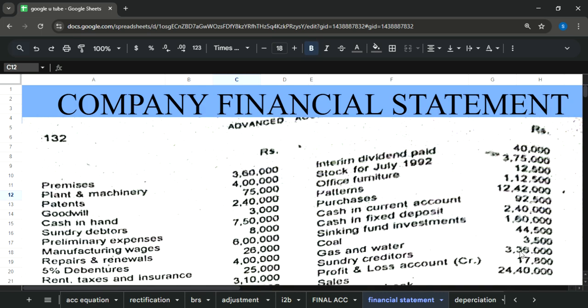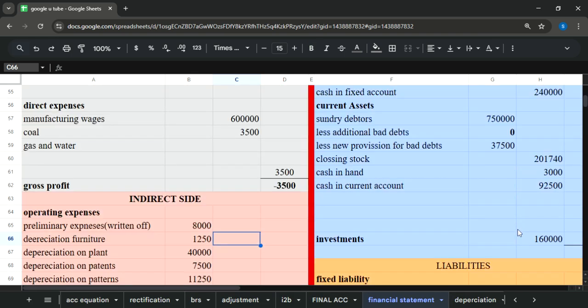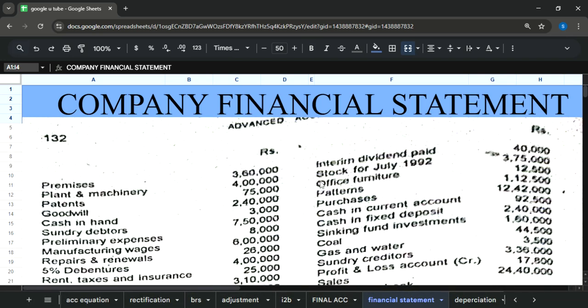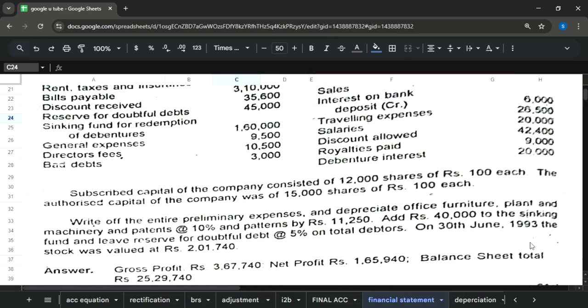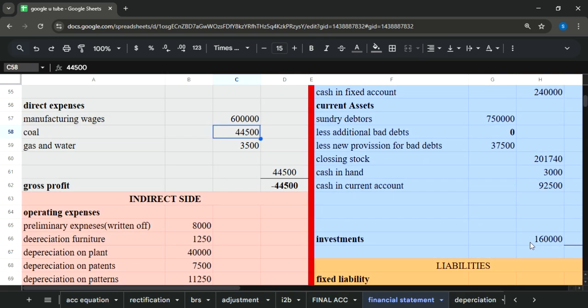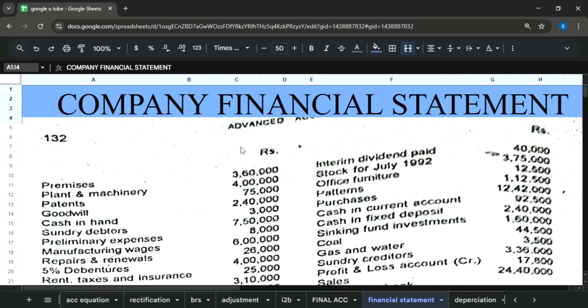Its amount is, okay, there is a trouble. Coal is 44,500. And we'll push it down. Let's check it out again. Coal 44,500, gas and water 3,500. Okay, this is what we have mentioned over here. It means gas and water is okay.